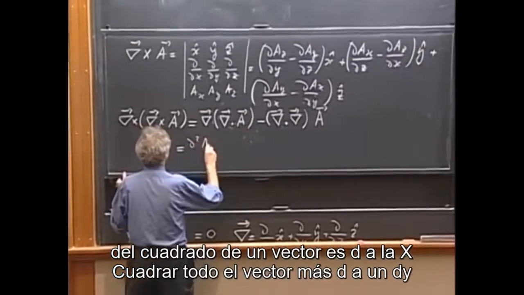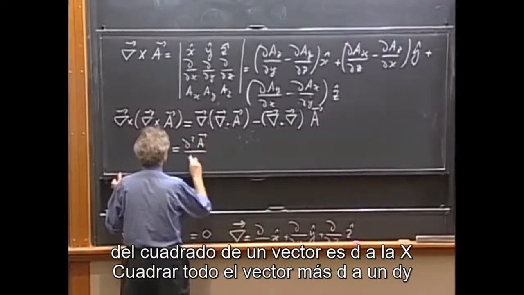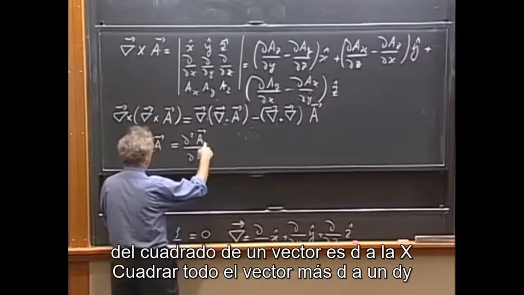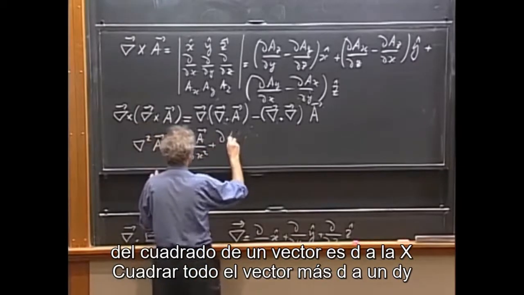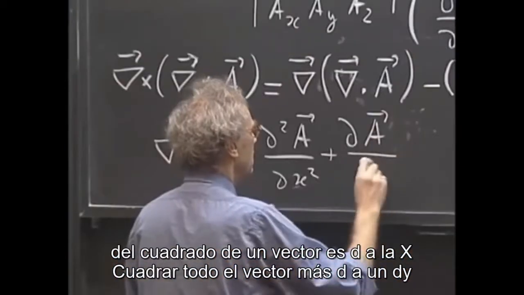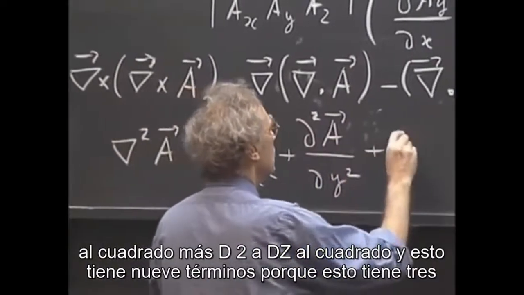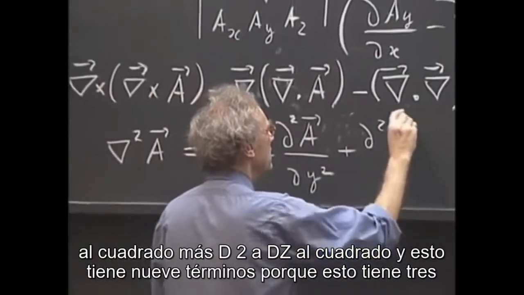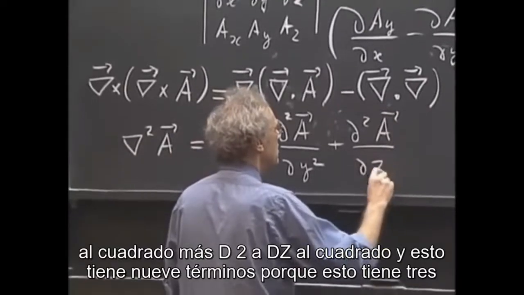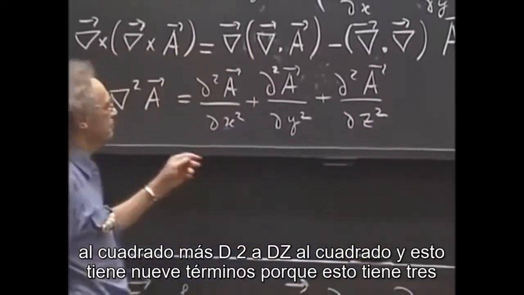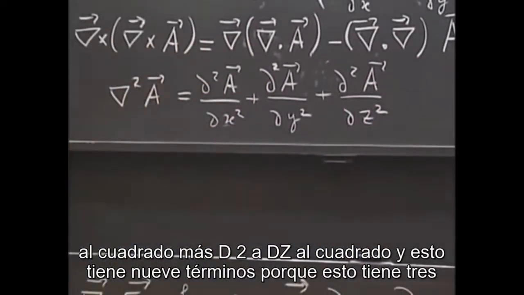And so the del squared of a vector is d2A/dx squared, the whole vector, plus d2A/dy squared plus d2A/dz squared.